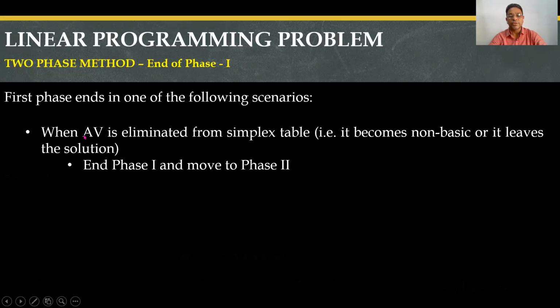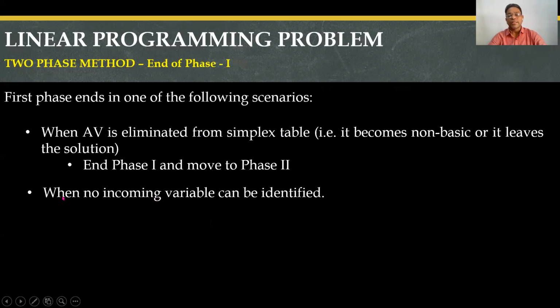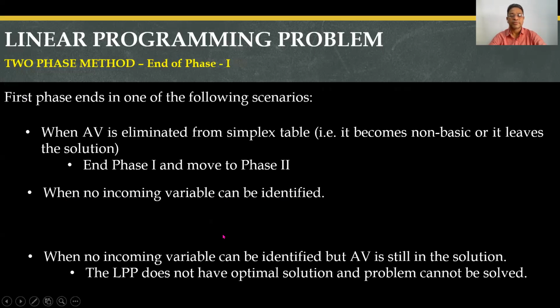If this is the scenario, we'll end phase 1 and move to phase 2. Another scenario is when no incoming variable can be identified. If we are not able to identify any incoming variable, then phase 1 can be considered ended there.